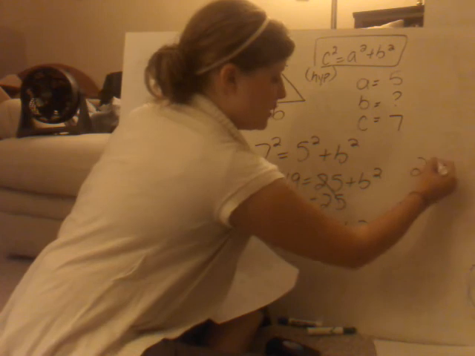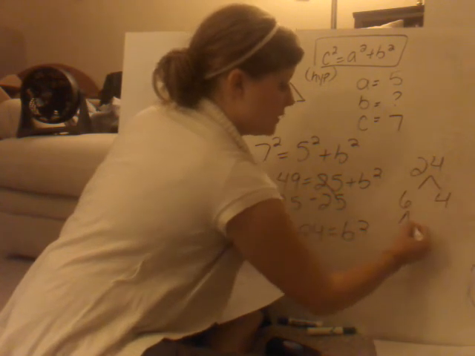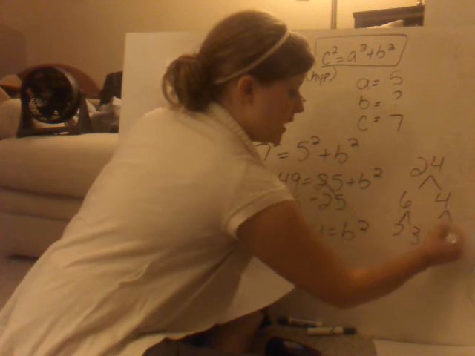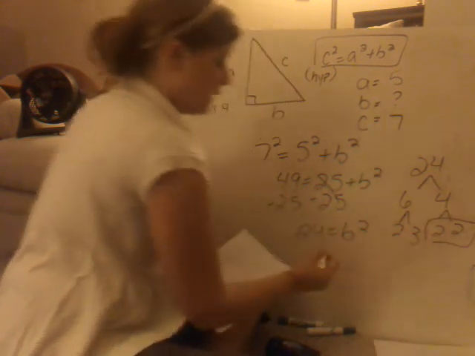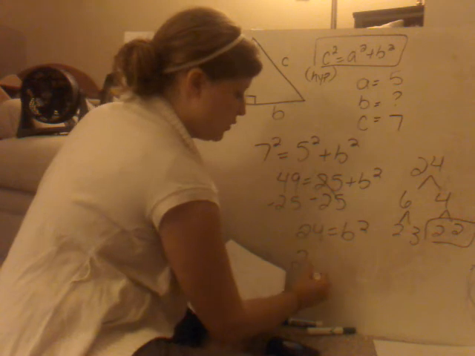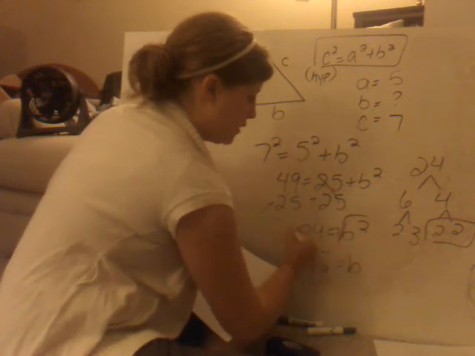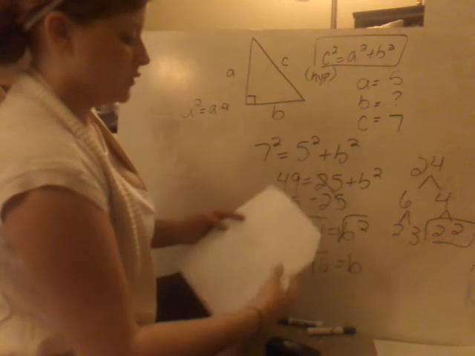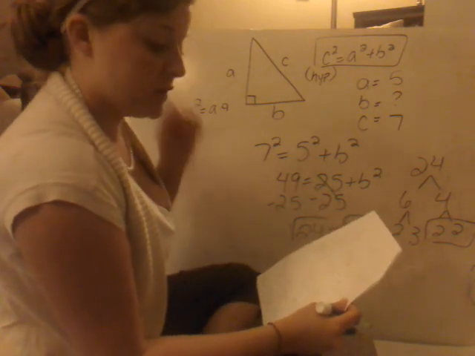I do my factor tree over here. 24 is the same as 6 times 4. So this is 2 times 3 and 2 times 2. I've got a pair of 2's, so I can bring out a 2. So I have 2 square root of 6 is equal to B, because it's the square root of both sides. So the answer for 13B is 2 square root of 6.